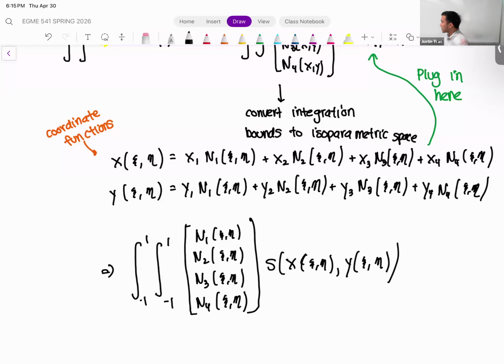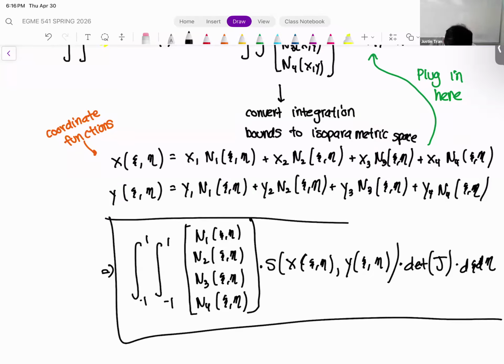Next, we have our thermal generation term S, where we replace x and y in our function there with their coordinate functions. So this is now S of x of epsilon and eta and y of epsilon and eta. We're going to multiply that by the determinant of the Jacobian. And we're integrating over epsilon and eta.